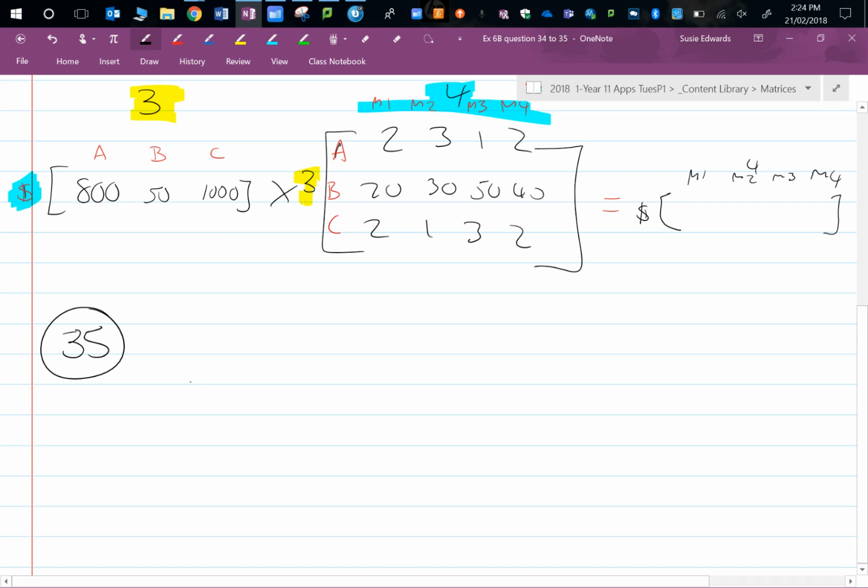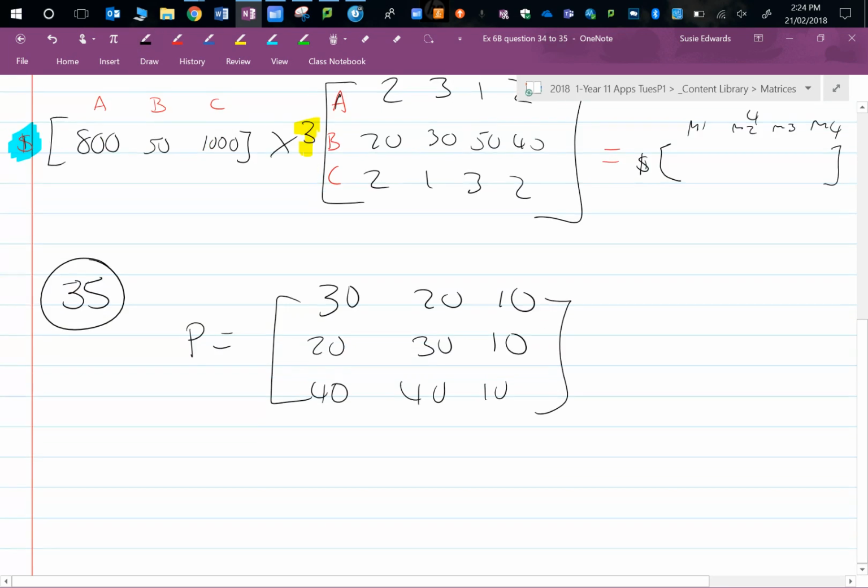And you've been given this, it's called P, and it's saying 30, 20, 10, 20, 30, 10, 40, 40, and 10. It's model A, model B, model C, and cutting, assembling, packing. Okay, the manufacturer receives orders for 50 A's, 100 B's, and 80 C's.